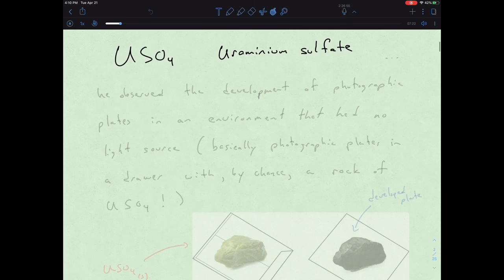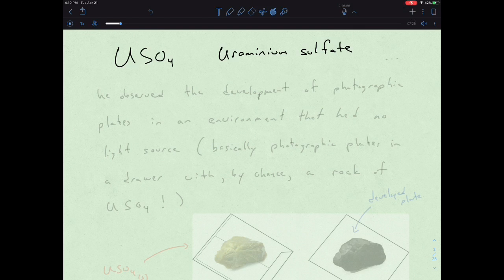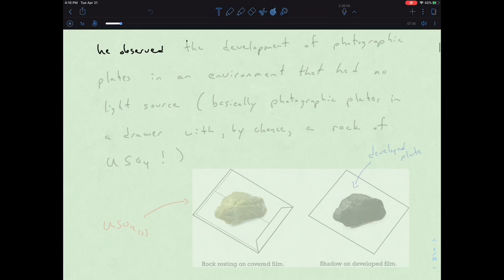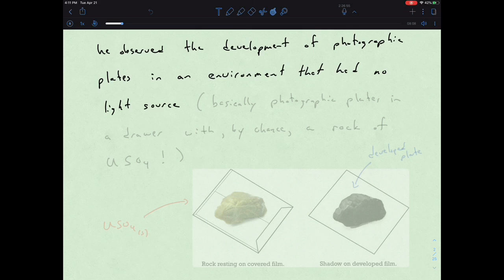So that was the particular salt, I guess, if you will, he was working with, and he observed the development of photographic plates in an environment that had no light source.